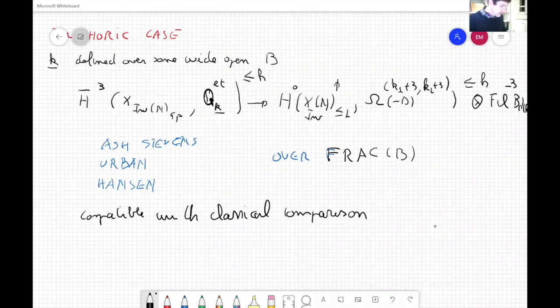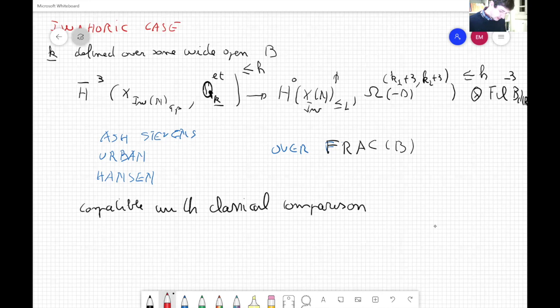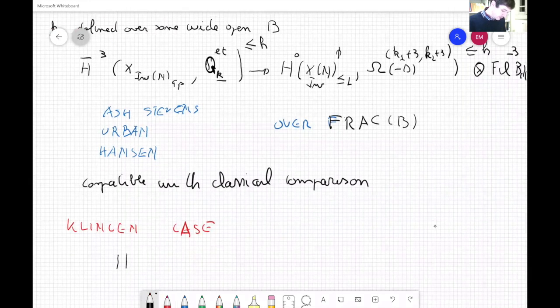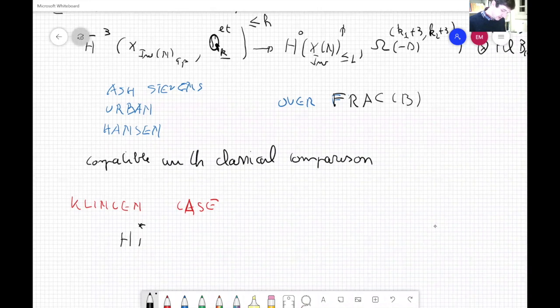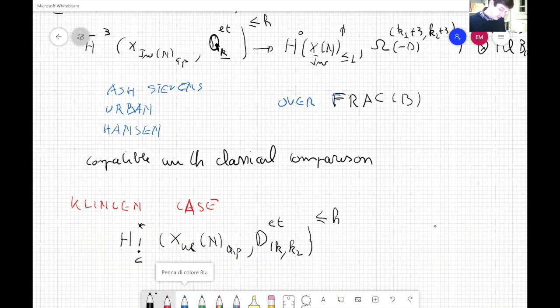So what happens instead, two minutes more, in the Klingen case? Here we don't really know what kind of cohomology we should consider. Interior, compact support, I don't know. We don't know that there is a good slope decomposition.